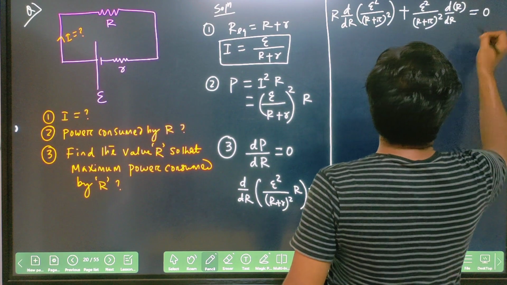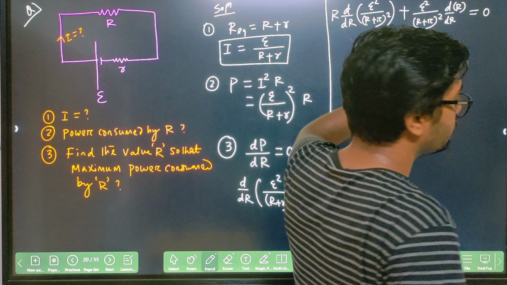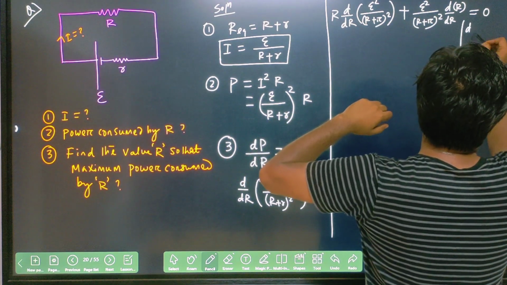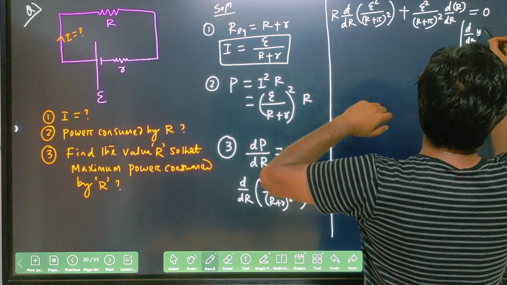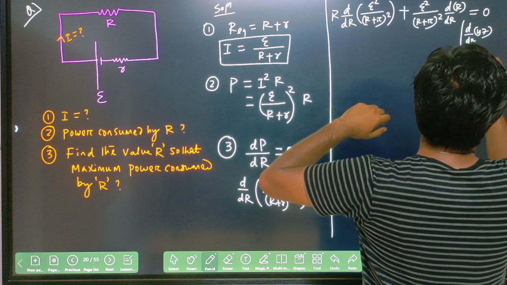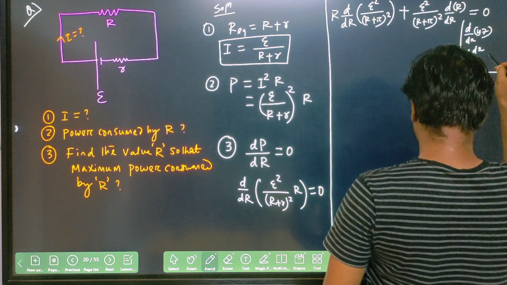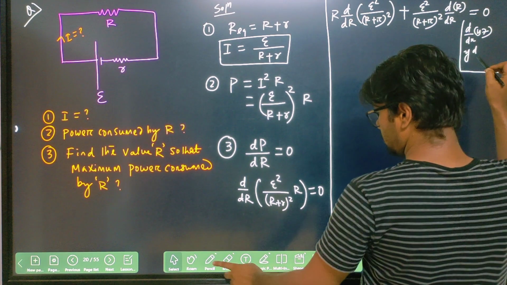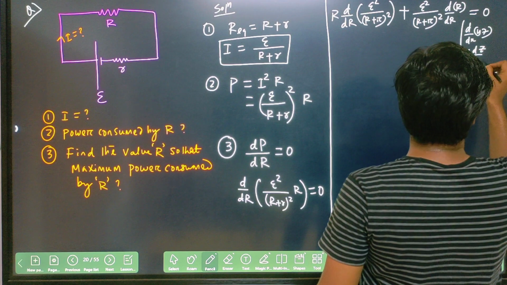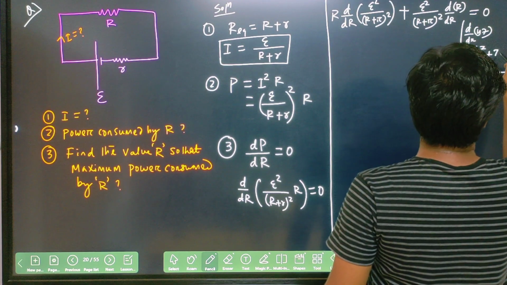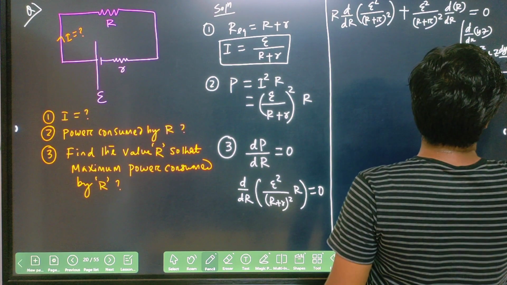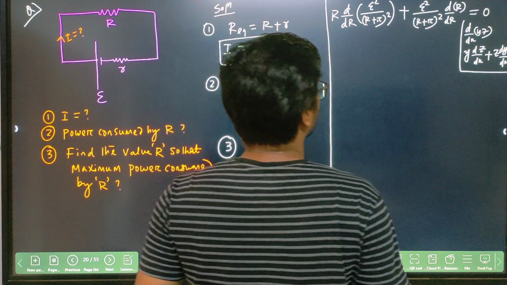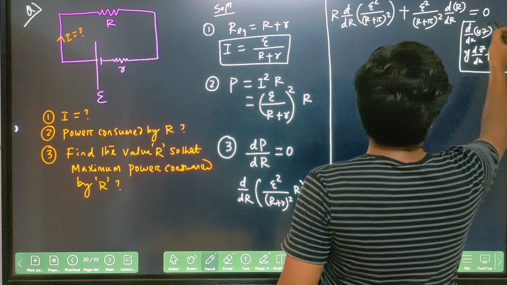This should be equal to 0. Basically, which formula do I use here? d by dx of y into z is y times dz by dx plus z times dy by dx. This formula I have used.